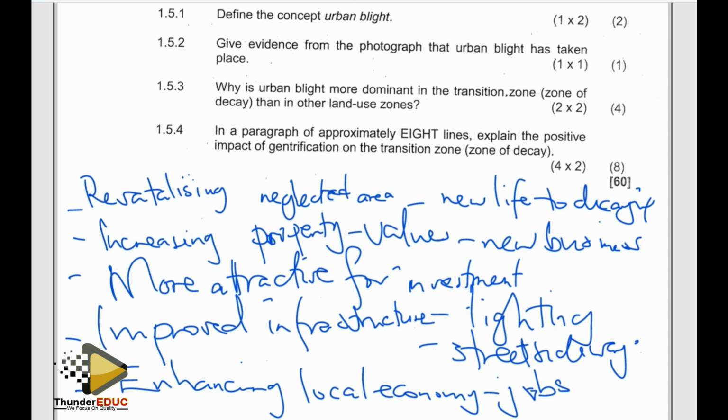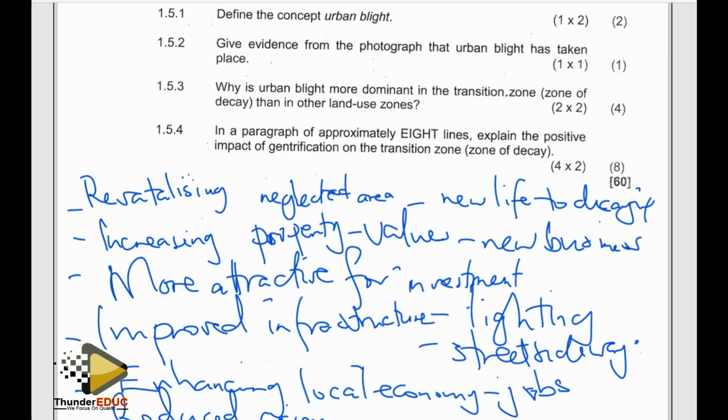Then we have the other benefit: reduced crime. The zone of transition, remember, is dominated by neglected buildings where people illegally occupy. Such people usually do criminal acts, and they are now going to move out of the area, given that the properties are now being taken care of and the land values are getting higher.